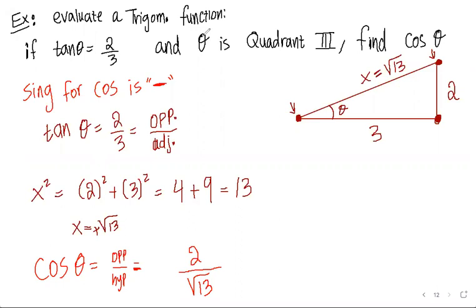But you have to use this: the angle is in the third quadrant, so the sign of the cosine here is negative. So it's going to be negative 2 over the square root of 13. This is the answer.